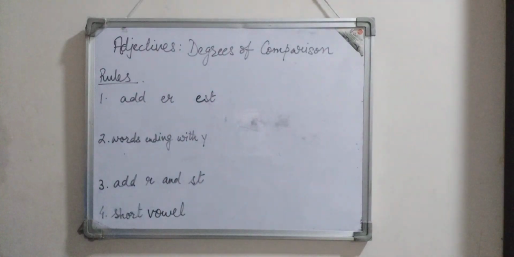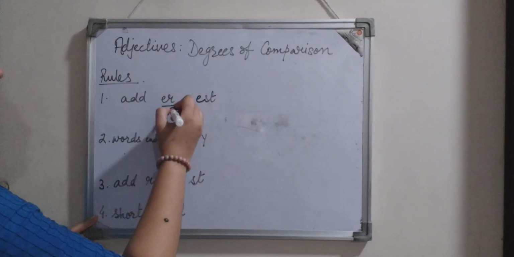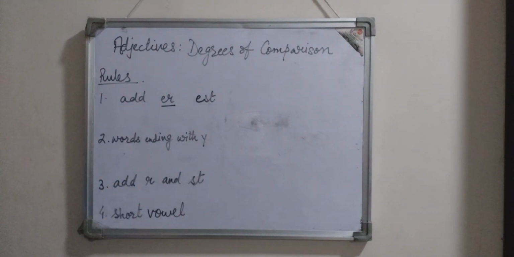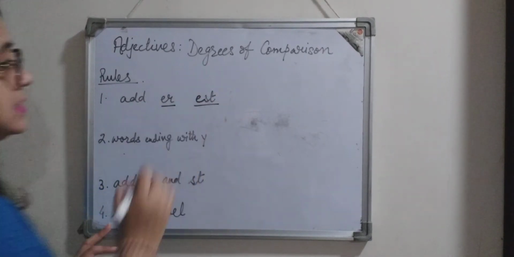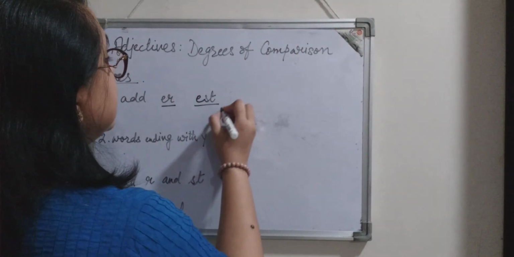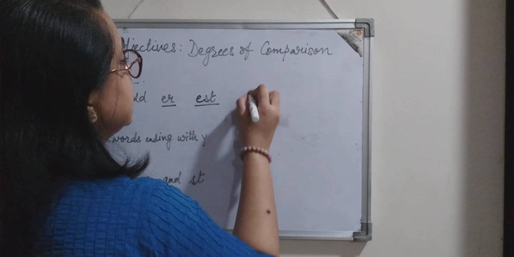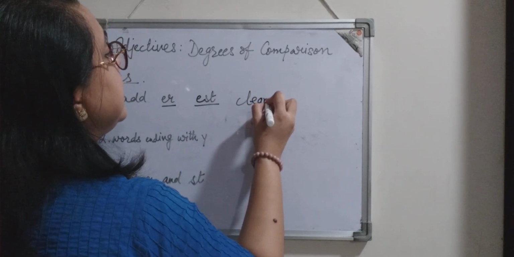So the first rule says we add ER in comparative degree and EST in superlative degree. For example, if the base word is clean, CLEAN.